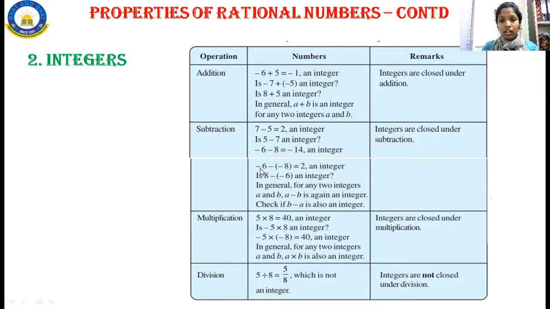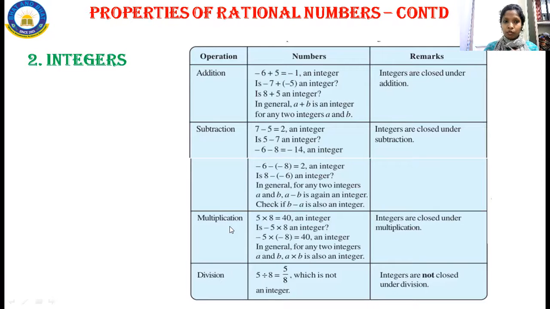In the same way, minus 6 minus of minus 8, see here, minus into minus will become plus, so plus into minus is minus. 6 minus 8, it is 2, whether it is an integer or not, we have to find it. So we can tell that by this, integers are closed under subtraction.